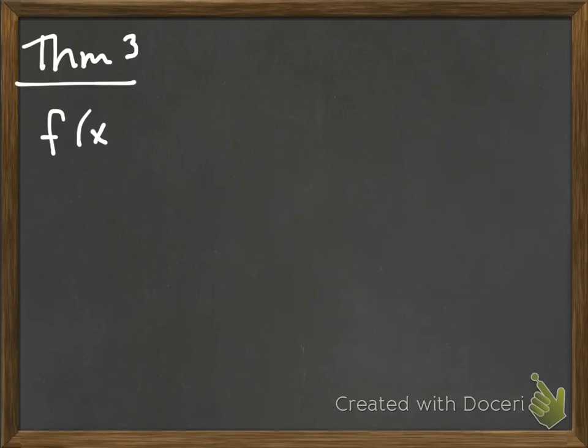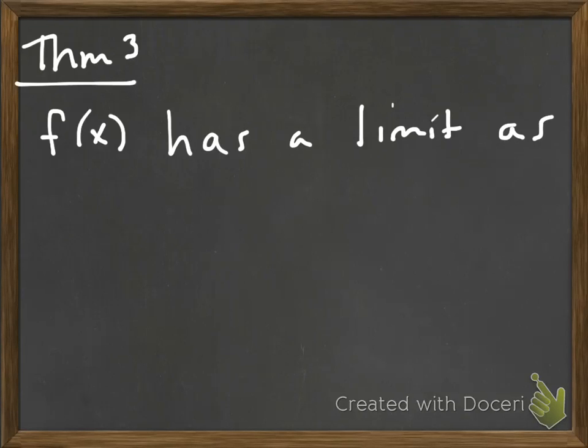And I'm going to cut out the part that says a function f of x, because if I write f of x, what is that? A function, so it's a bit redundant. F of x has a limit as x approaches c. We're writing this in words.